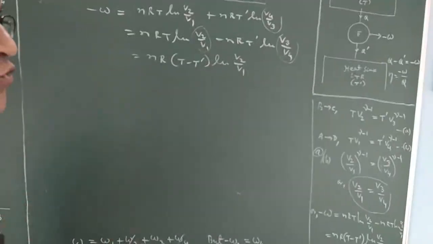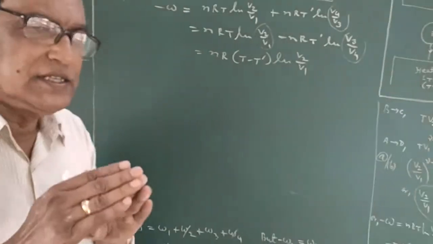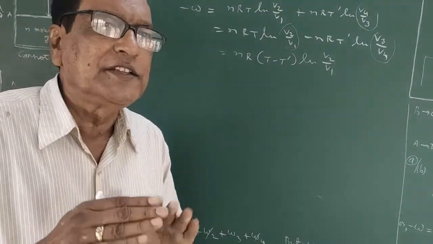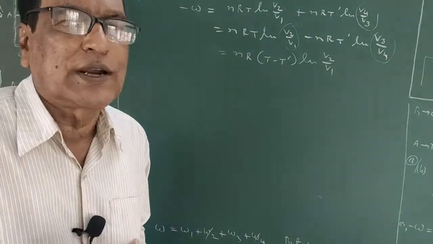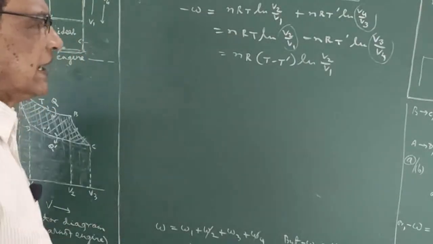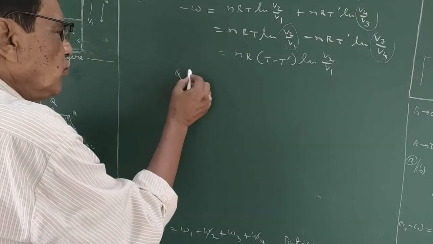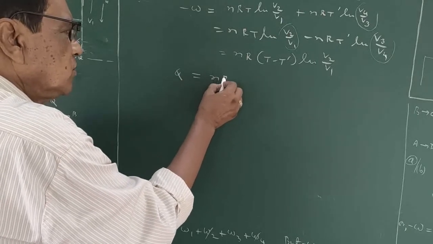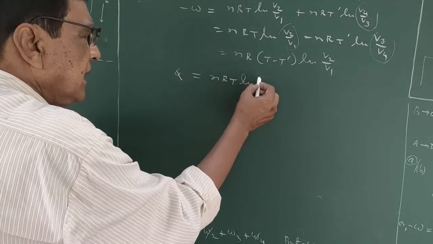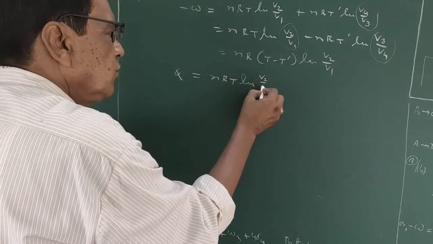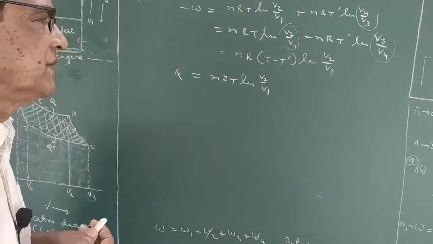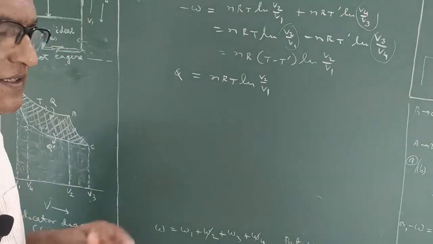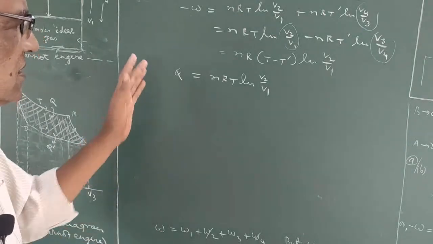So this is the amount of work done by this engine. The negative sign is indicating that this is the magnitude, and the engine is doing this work. And we can also remember this Q. Q is also equal to nRT ln V2 by V1 in this first step, which I have written just now.